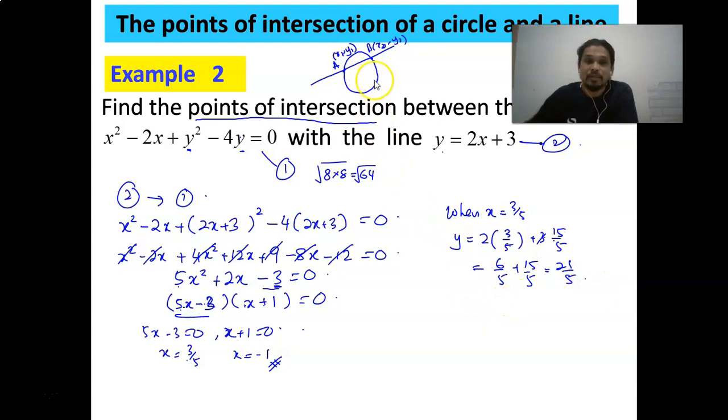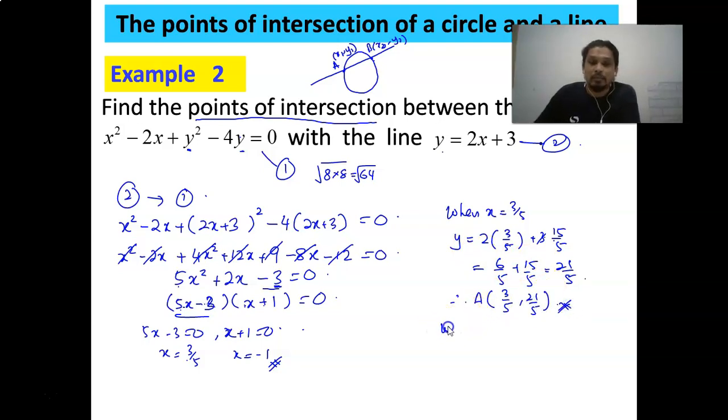I label these as A and B. So A, the first intersection point, is x equals 3 over 5 and y equals 21 over 5.